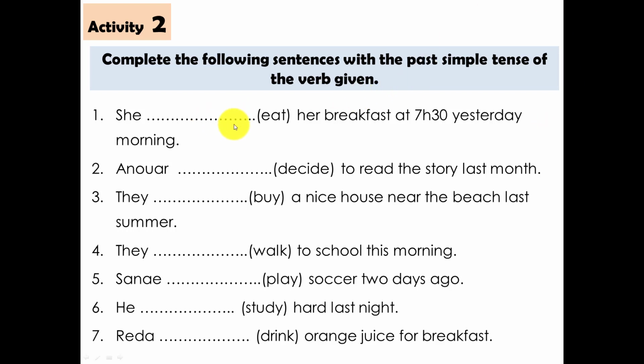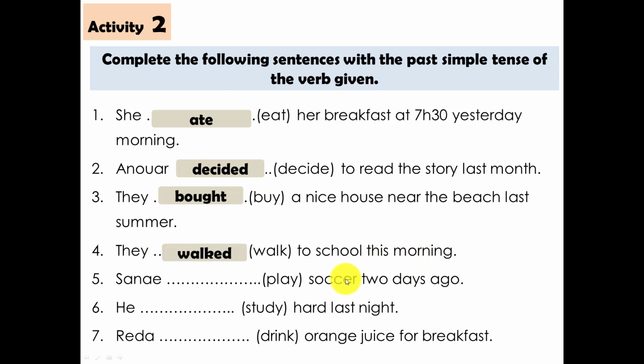She ate her breakfast at 7:30 yesterday morning. Next, Anwar decided to read the story last month. 3. They bought a nice house near the beach last summer. 4. They walked to school this morning.